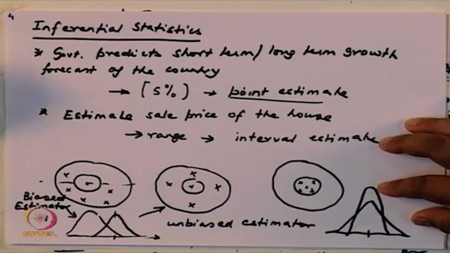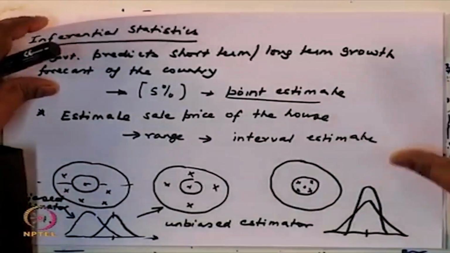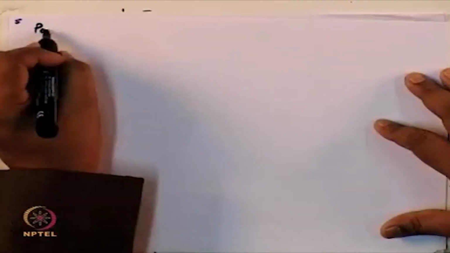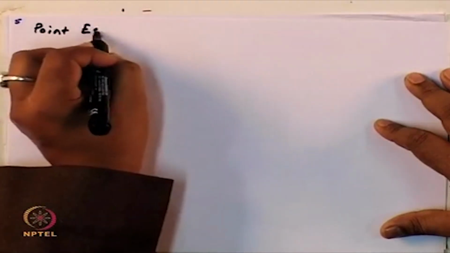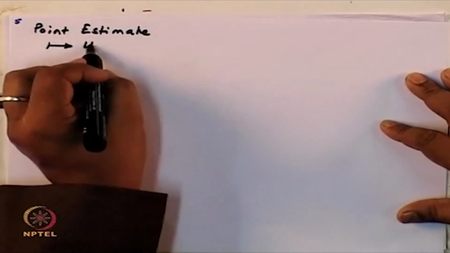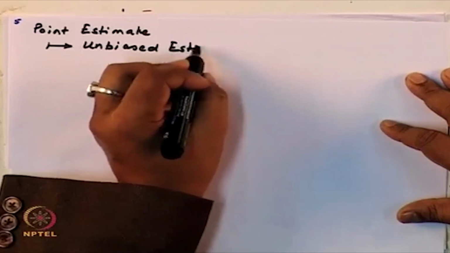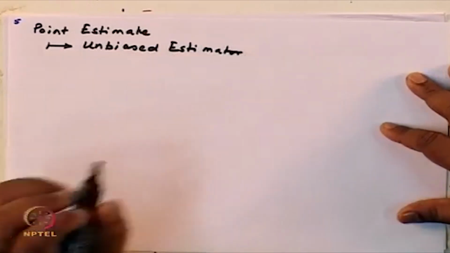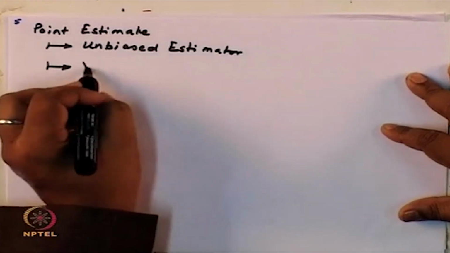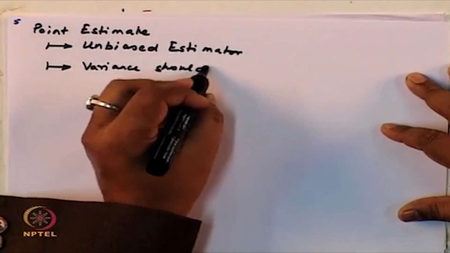So that brings us to the idea that when we want to come up with a point estimate, there are two rules. You want an unbiased estimator, and second, the variance should be low.